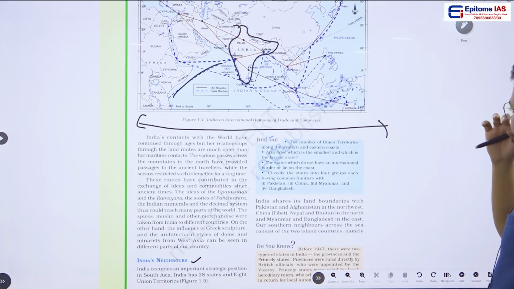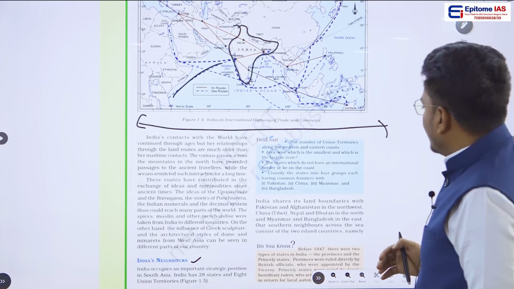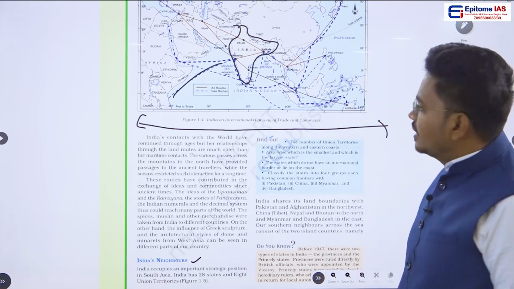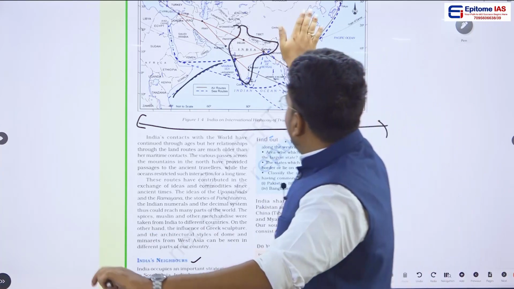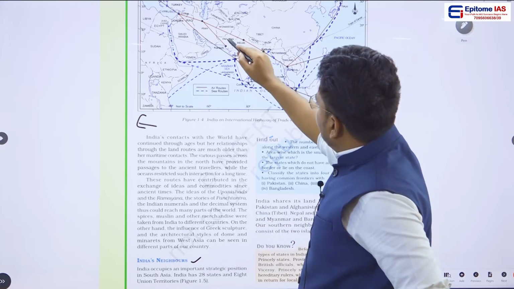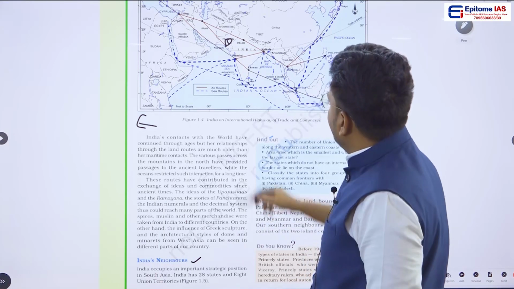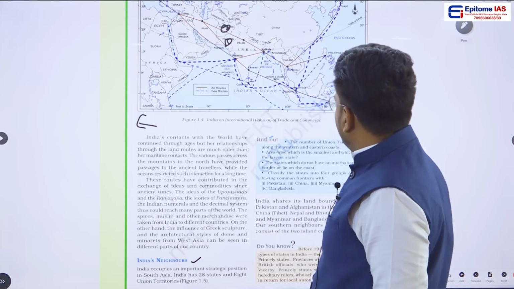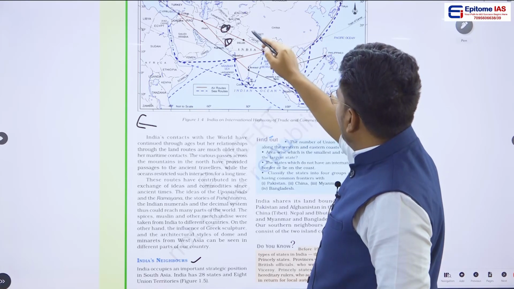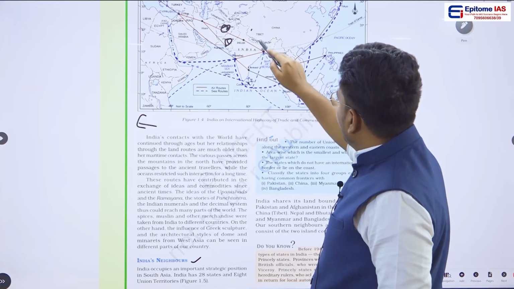Now if you see the boundaries of India, India shares boundaries with some countries. What are they? If you go from west towards east, first Pakistan is one of the boundaries, then Afghanistan second, then the third country is China, or we can call it Tibet.